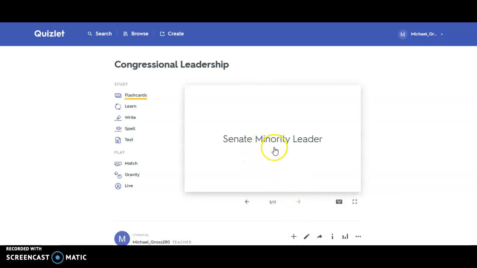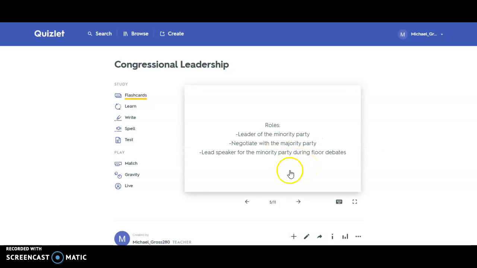Just like we have the majority leader, there's also the minority leader. So minority means that there are fewer people. So right now, our Senate minority leader is a Democrat because there are fewer Democrats in the Senate. And their job is very similar to the majority leader. They're the leader of the minority party, and during these floor debates, they are the lead speaker for the minority party.